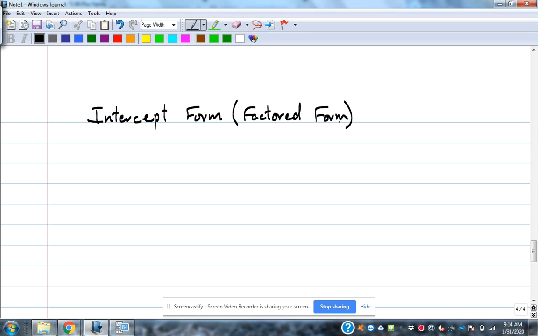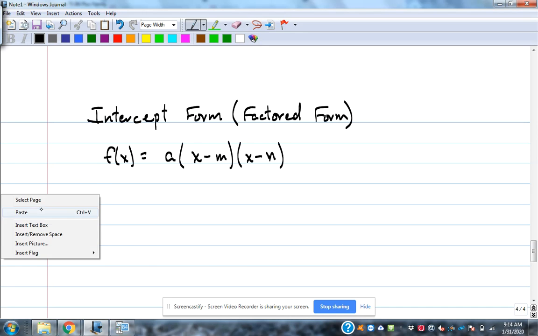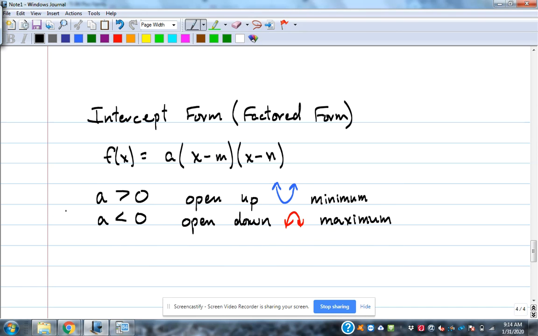We know it's f of x equals a times (x minus m)(x minus n). A still does all the same stuff. Nothing's changed about that. The only real shortcut there is setting it equal to 0 to find x-intercepts. That's the only real shortcut to this.